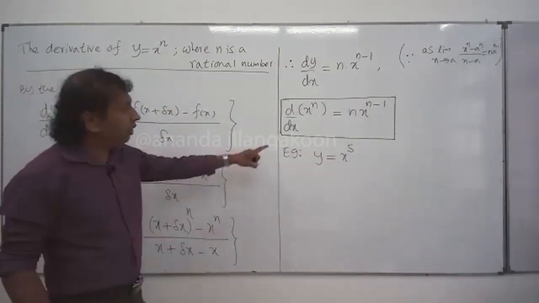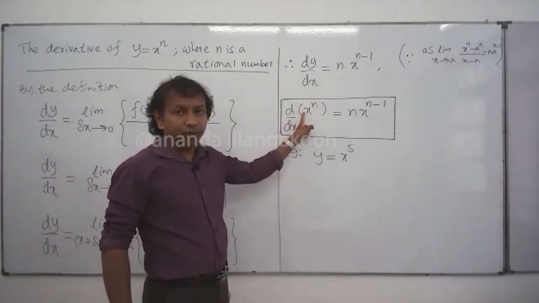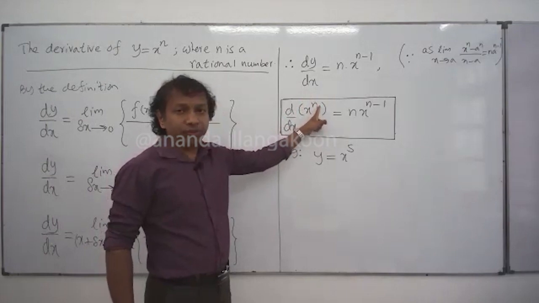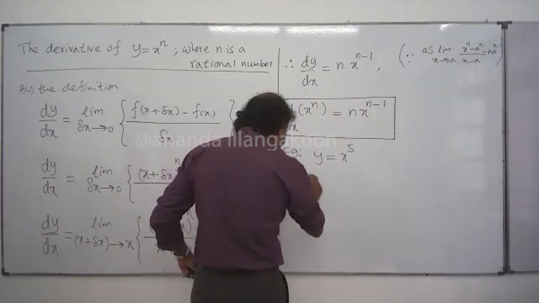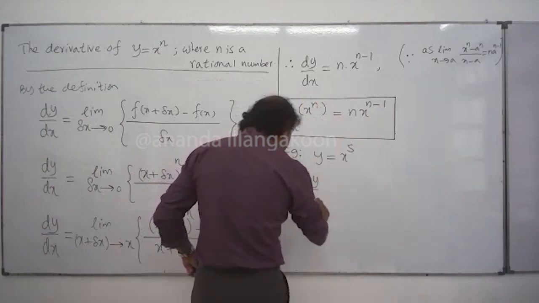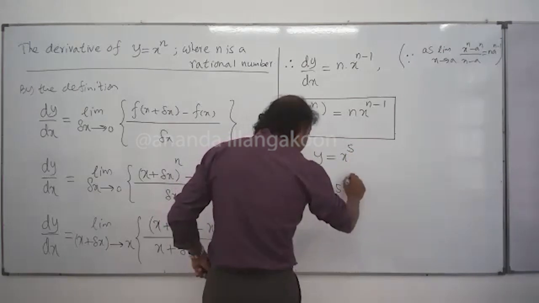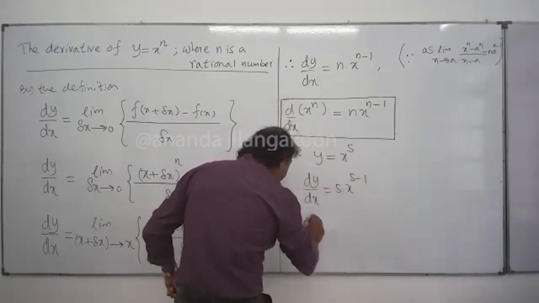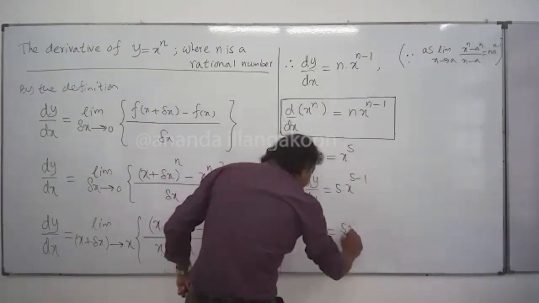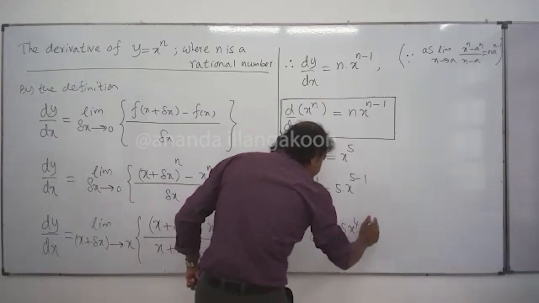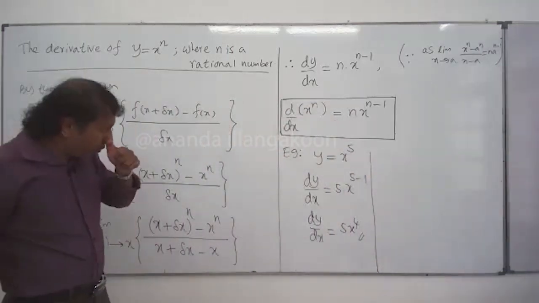Then what is the derivative? Here, x to the power n, when we have it, n comes before x, subtract 1 from this n and write the power. Like that. What is dy by dx here? dy by dx is equal to 5 comes before x, 5 minus 1. Then dy by dx is, people, 5x^4. So what is next?